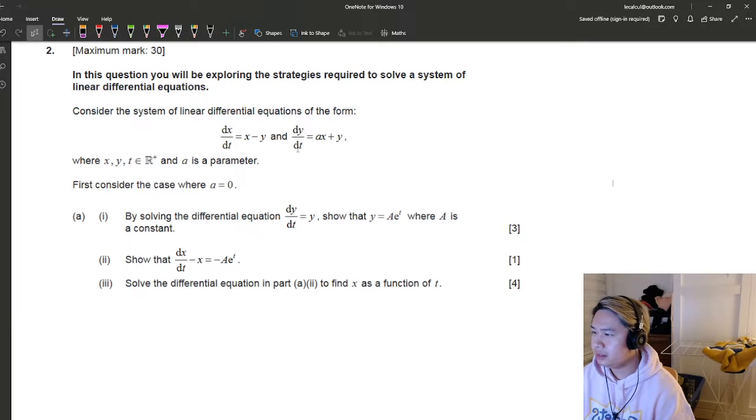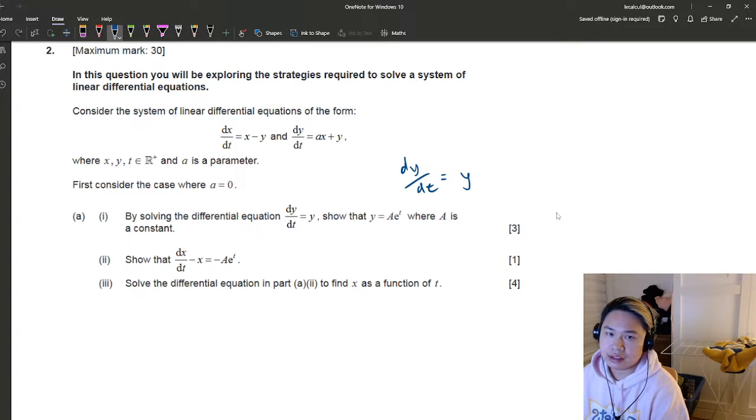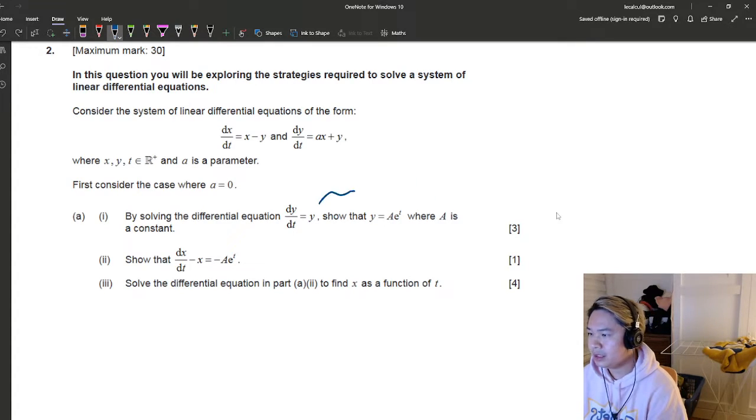If a is 0, then in our second one, we just have dy/dt equals y right here. Then show that this is a solution where a is a constant. Okay, that's easy enough to do. We use separation of variables. This is pretty standard stuff for HL.